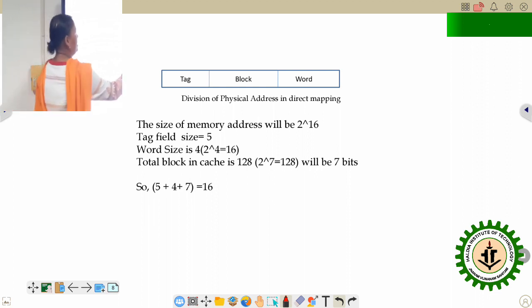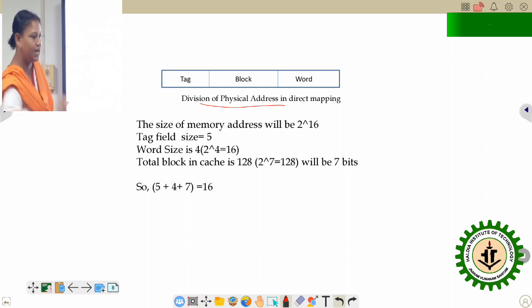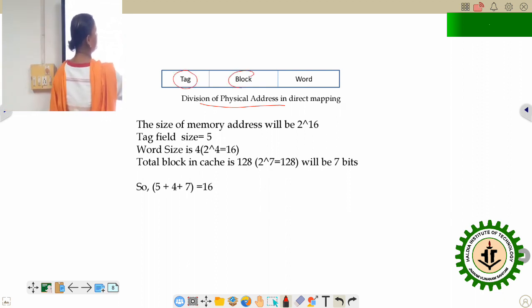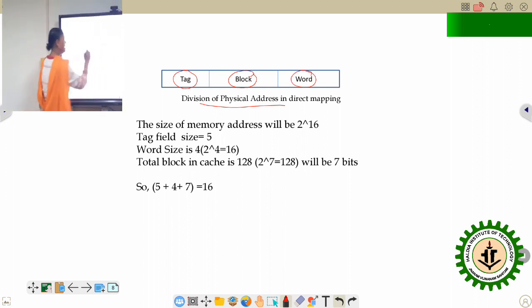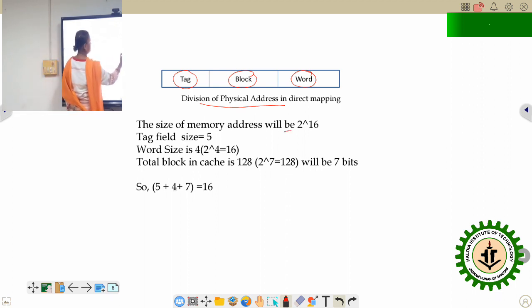So that's why in case of direct mapping, the final physical address of your main memory is partitioned into these 3 sections. One is tag, second is block, and third is word. The size of the memory address is 2 to the power 16. So the tag field size is 5. The word size is 4, 2 to the power 4.